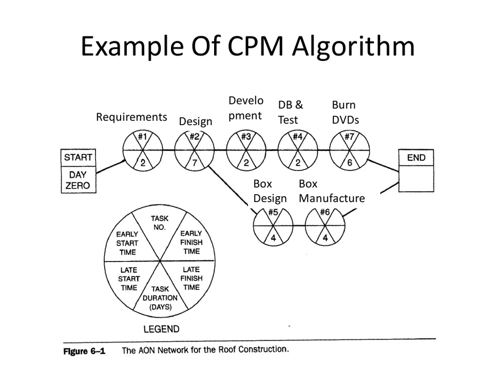So maximum forward pass, minimum backward pass. On the forward pass, it's the maximum of the early finish times of the predecessors, and on the backwards pass, it's the minimum of the late start times of the successors.